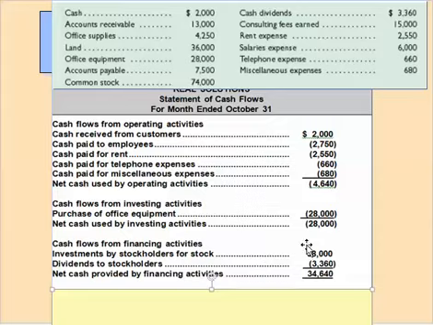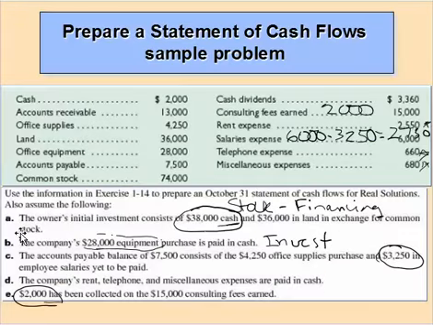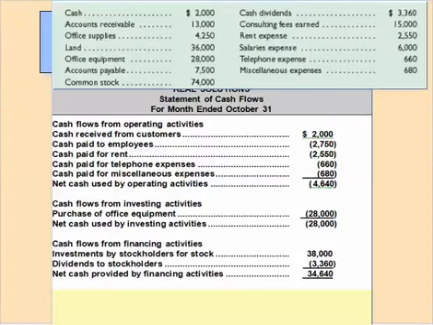So we had a stockholder investment of $38,000, which was letter A. We paid dividends to stockholders of $3,360, which you can see up here. It says cash dividends $3,360. Take the inflow of $38,000 minus the outflow of $3,360. That tells you we had cash provided from financing activities of $34,640.